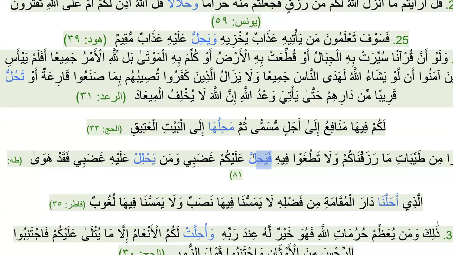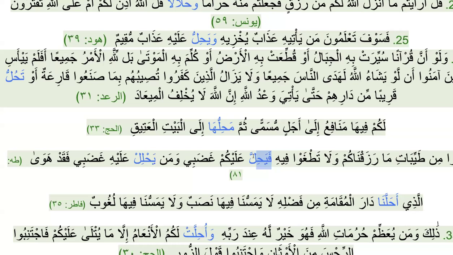So there are only going to be 3 options. For now, stick with the 3 options: bab nasara, samia, and daraba. If you see a kasra, you are going to say daraba in mudare. If you see a dhamma, you are going to say nasara. And if you see a fatha, then you can simply say there is Samia clan.